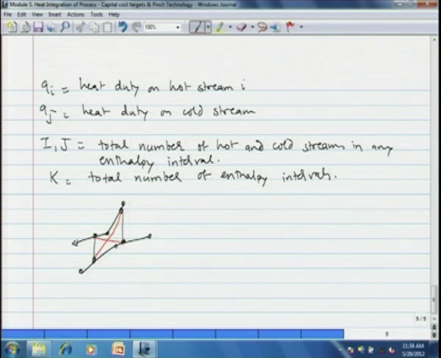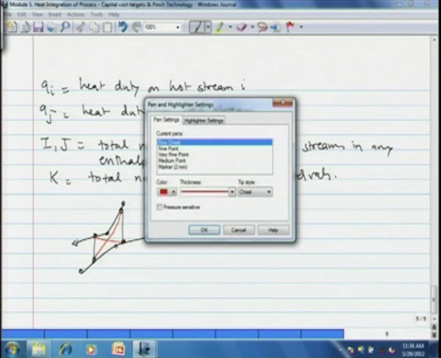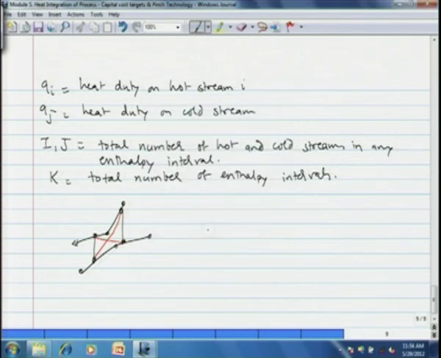Okay. Now, if the film coefficients vary largely, then the expression that we have seen does not give the minimum network area. Okay. In this case, the prediction of true minimum area should be based on linear programming. However, this equation still is a useful basis for calculation of the network area. Okay. Because if the variation in film coefficient is less than 1 order of magnitude, then the above equation predicts the network area within 10% of the actual minimum.